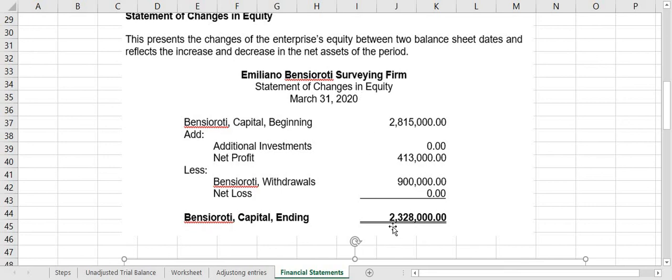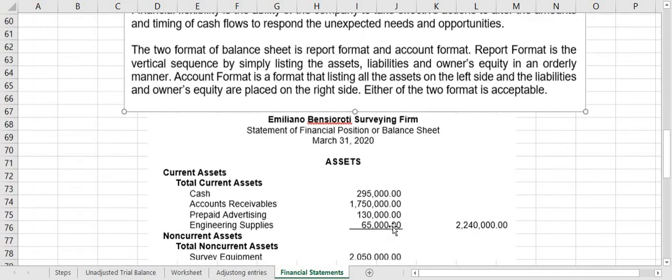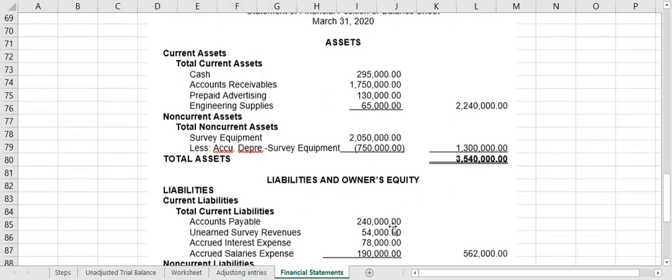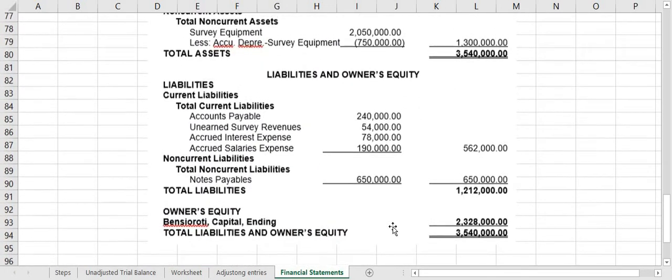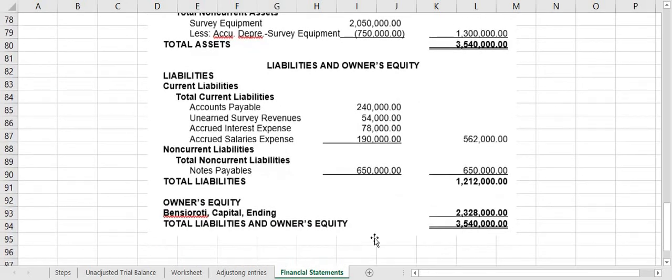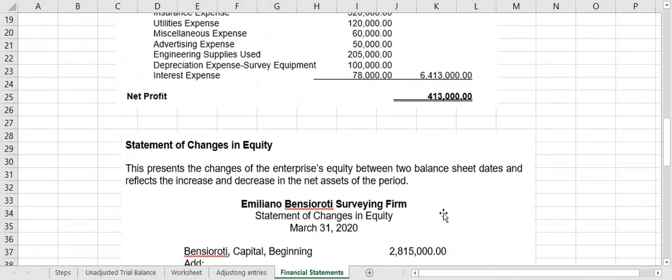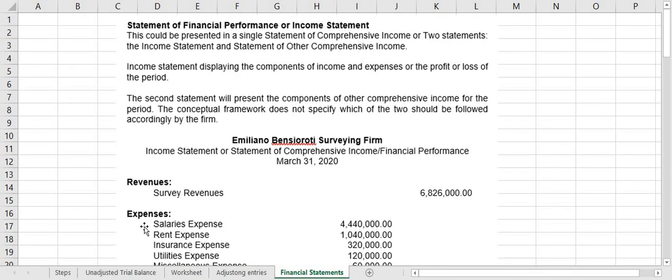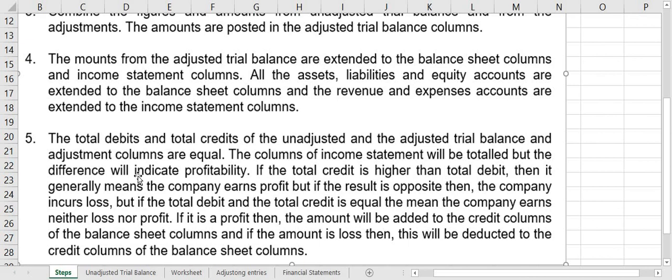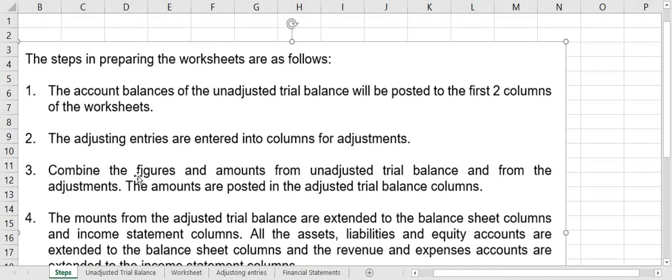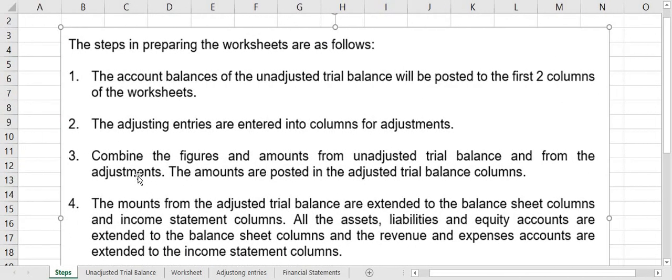The ending balance of the capital will then be the balance of our capital that reflects in the equity portion of our balance sheet. So, that's the discussion for the steps in preparing the worksheet and the corresponding financial statements. Peace.